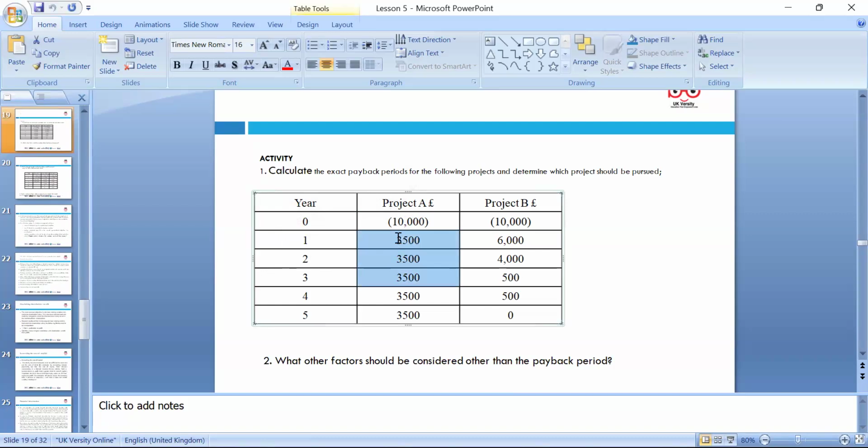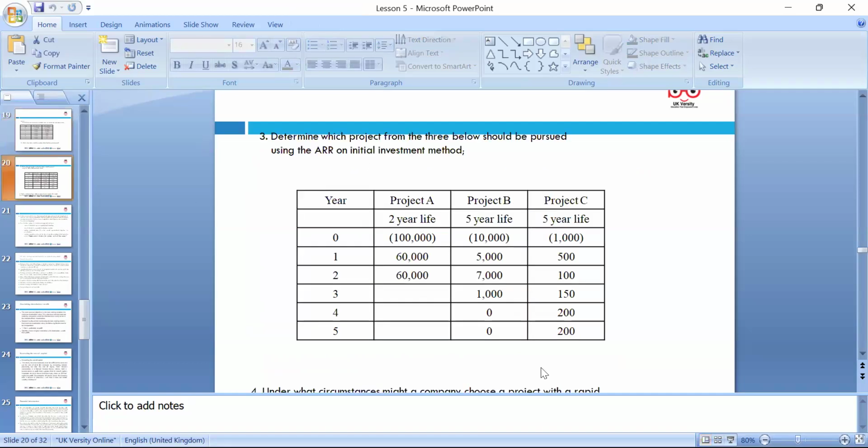At the end of year two, you've received 7,000, but the outstanding is 3,000. So 3,000 divided by 3,500. So you can say this project will take a few months, so it will take 2 years and a few months.